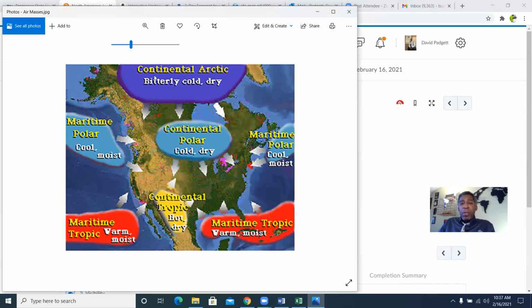Now, right now, we're being affected by this continental Arctic air mass, which is bitterly cold, very cold and dry, even colder than the continental polar air mass. So when these air masses move around, like for example, a cold front is usually when we see these cold air masses move into the southern part of the country, or anywhere really.